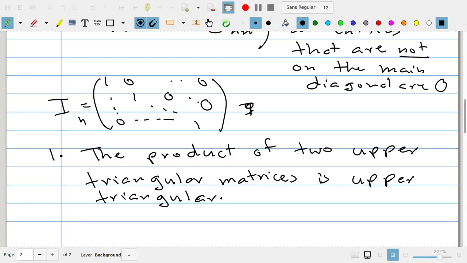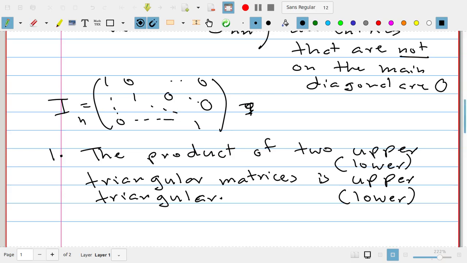So the product of two upper (bracket lower) triangular matrices is upper (lower) triangular.